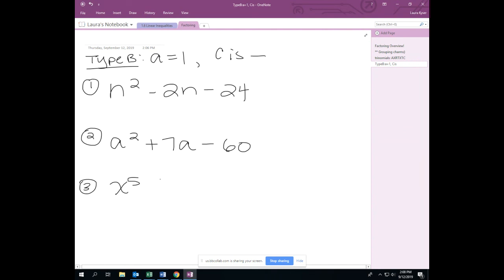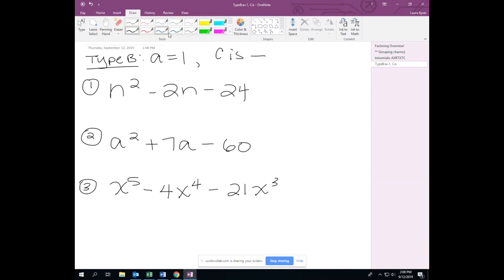I know I said squares, but now we're just going to throw a 5th in here and we'll see. Let's do x to the 5th minus 4x to the 4th minus 21x cubed. So 1 and 2 look pretty much the way that they should, but 3 looks a little bit off. We'll talk about it in a second.